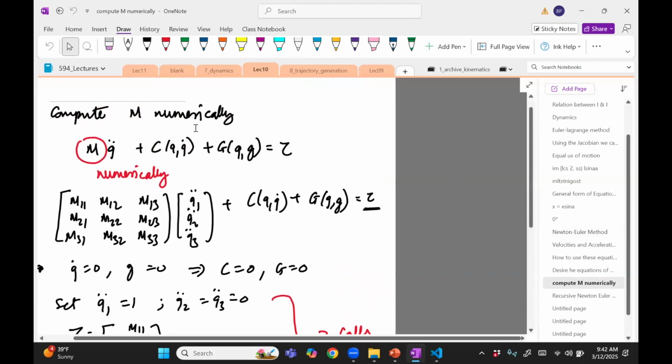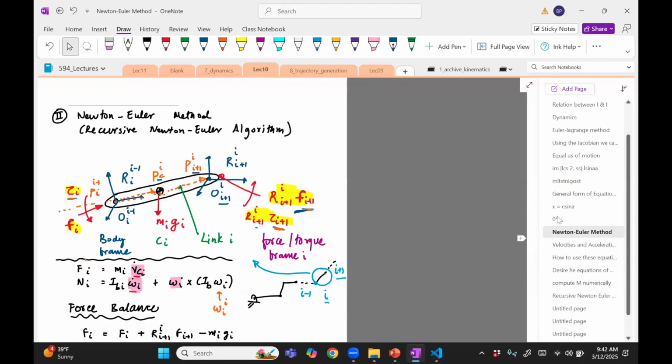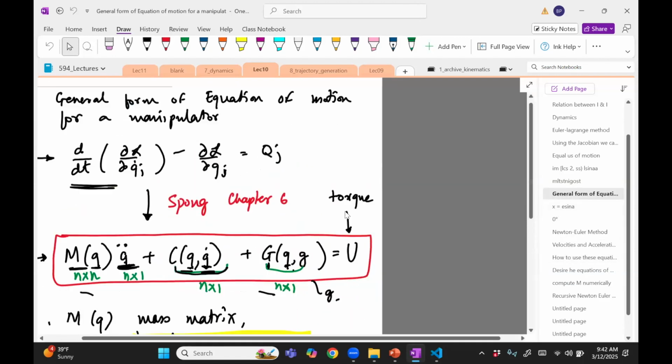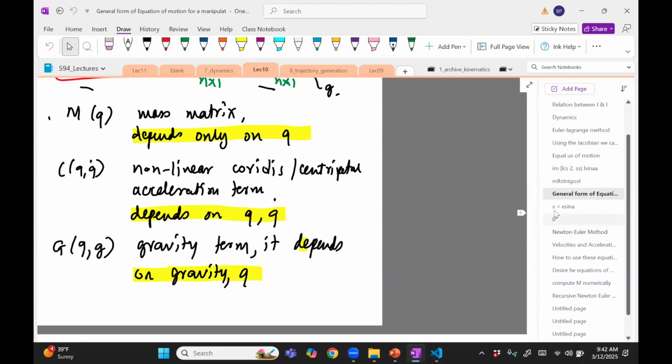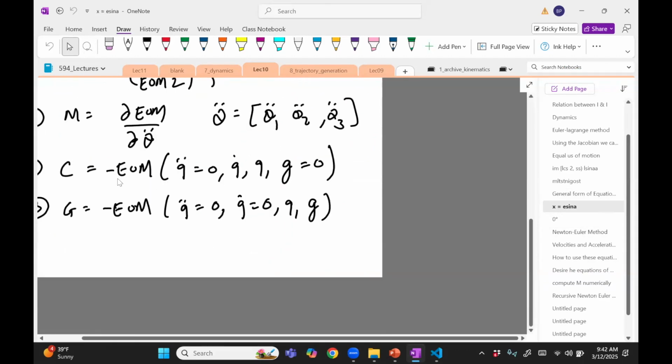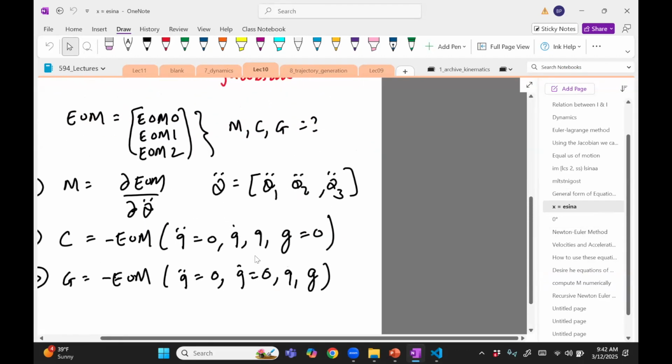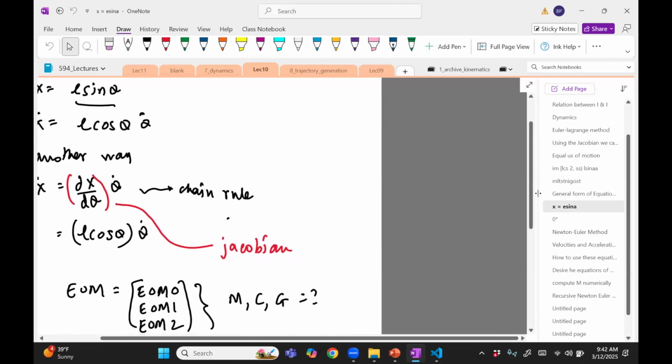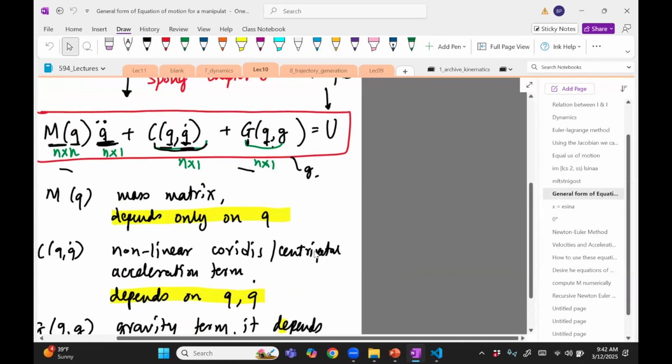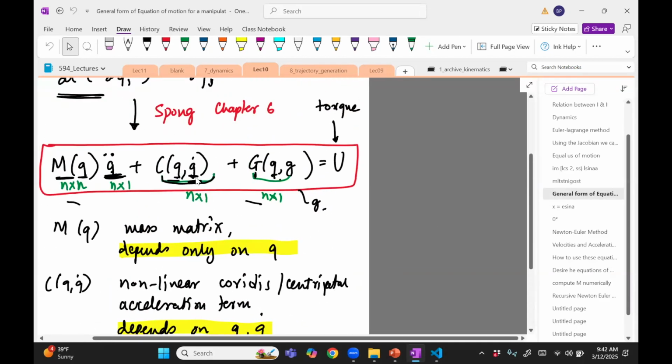Then I need to compute c and g, and the way I compute c and g is I have it earlier. All you need to do is to compute c. We note that c is only a function of q and q dot.